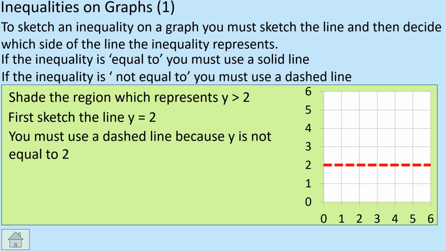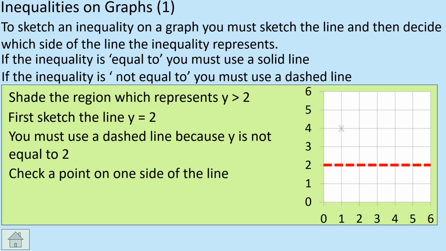The next bit, and it said in the question, shade the region. So what we're trying to do is identify which area, either this section or that section, is y greater than 2. Now, you might know that straight off, and that's absolutely fine, but I'm going to show you how to be sure that you've got the right section. Pick a coordinate and see if it meets the criteria.